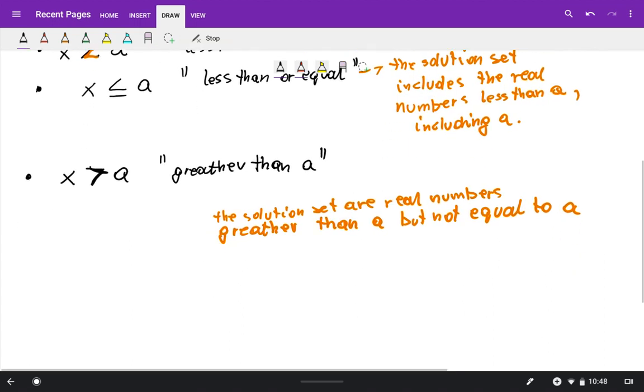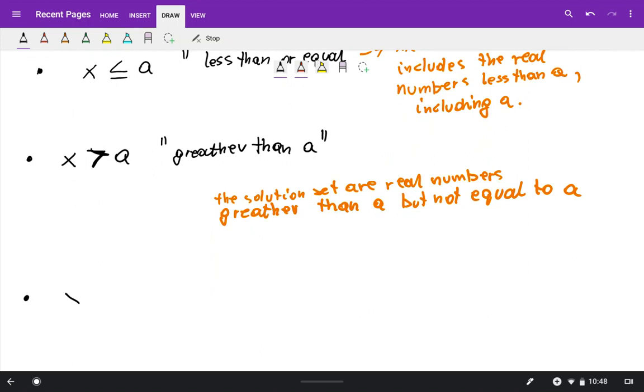And the last one is x greater than or equal to a. So we read that as greater than or equal.